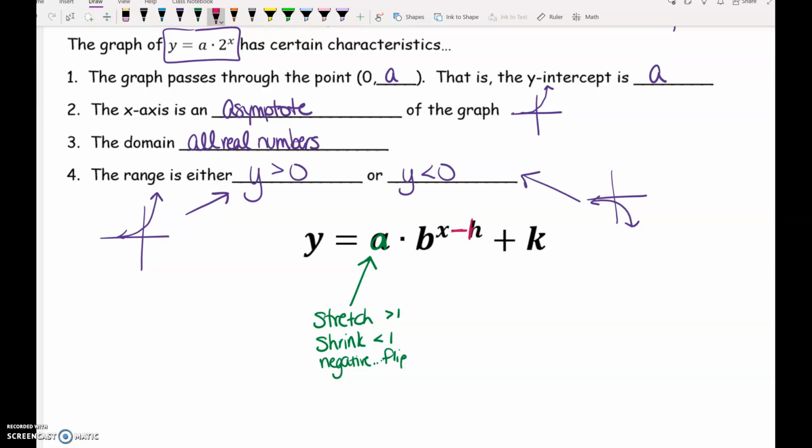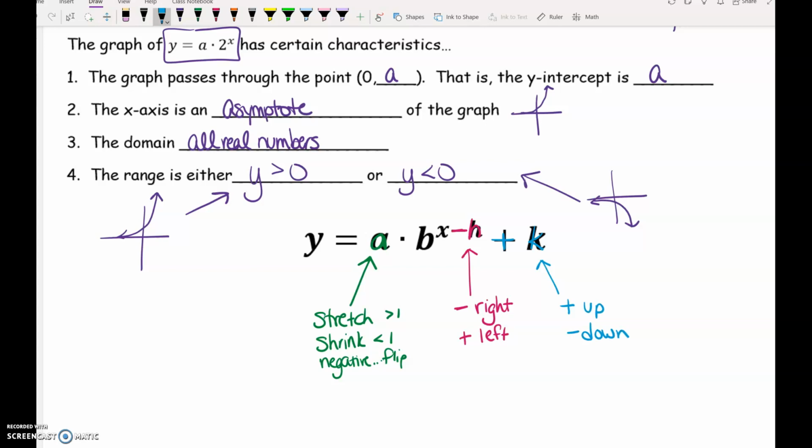The -h controls horizontal movement. Minus will move the graph to the right. Plus will move the graph to the left. And the plus k moves the graph up or down. Plus moves the graph up, and minus moves the graph down.